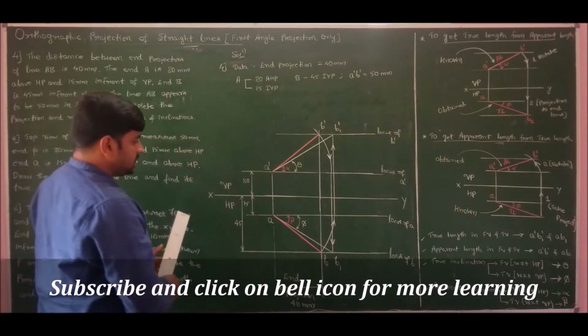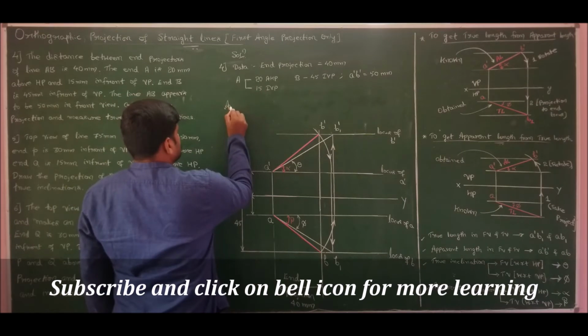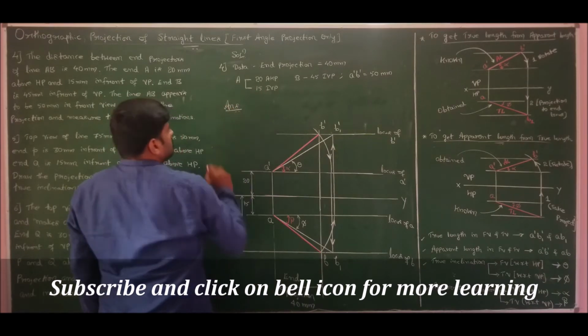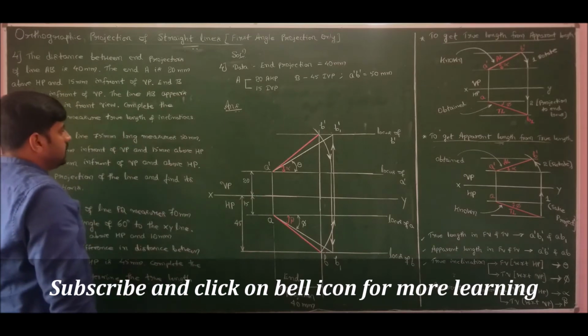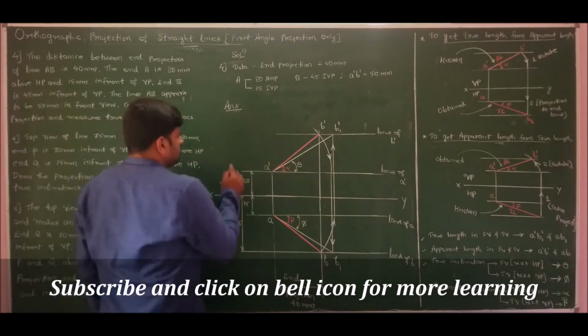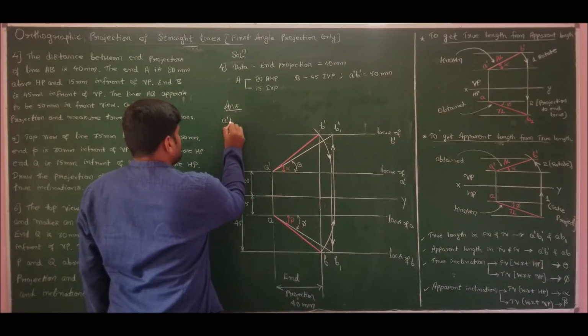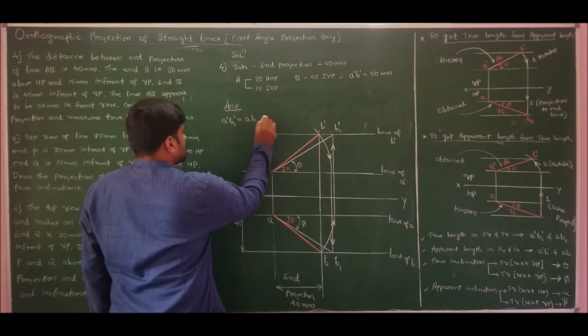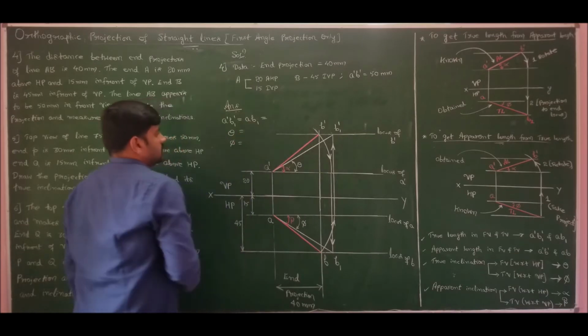Now let us list the answers for this problem. Coming to answers, he has asked us to determine the true length and inclinations. So the true length is A dash B1 dash, which is equal to AB1, and their inclinations are theta and phi.